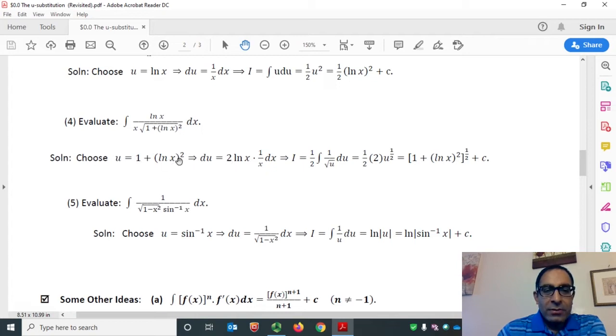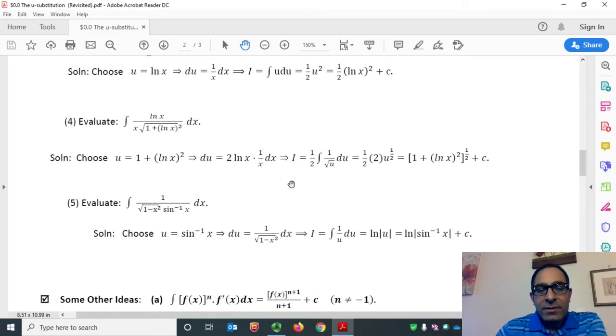Then using the chain rule, first use the power rule, so 2 times natural log of x, then times the chain rule, the derivative of the inside function, which is ln x, so the derivative of ln x is 1 over x dx. Great. If you look at the remaining term in our integral, ln x over x times dx turns out to be du over 2.